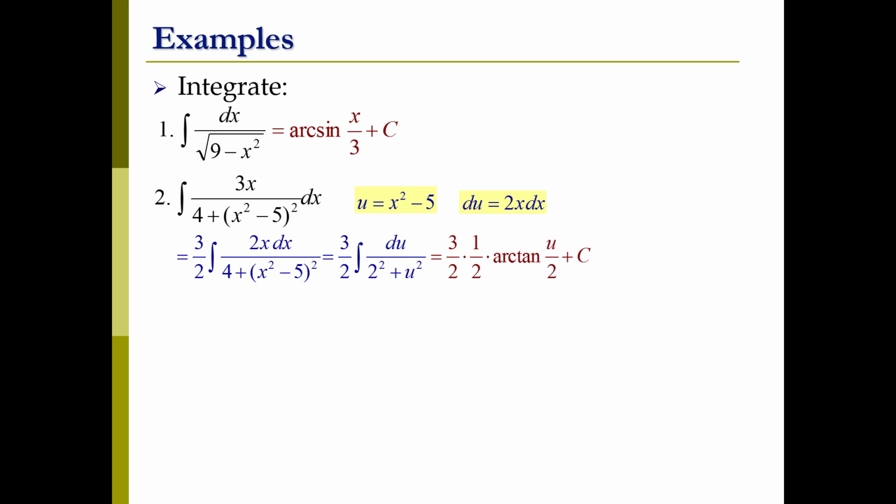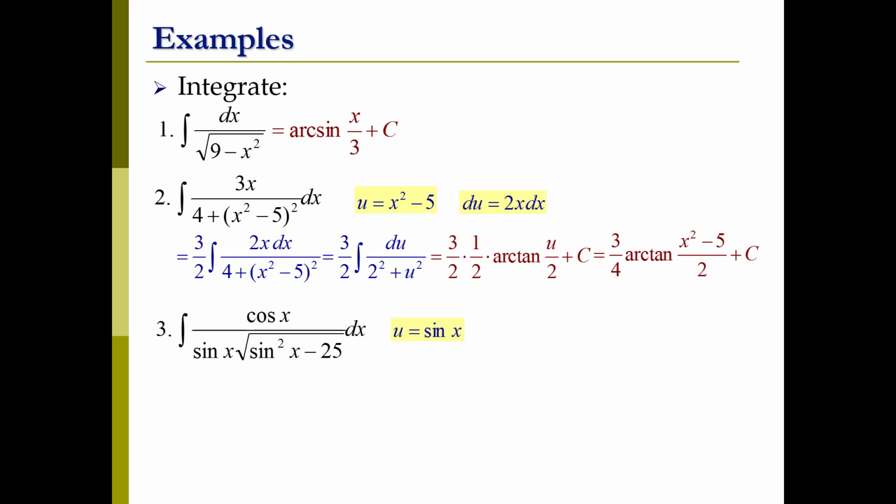So this is going to become 3 halves times 1 over a, so 1 over 2, arctangent of u over a, plus c. Then we just have to substitute our u back in, and we get 3/4 arctangent of x squared minus 5 over 2 plus c. If you got that, excellent job. See if you can do the next problem on your own.